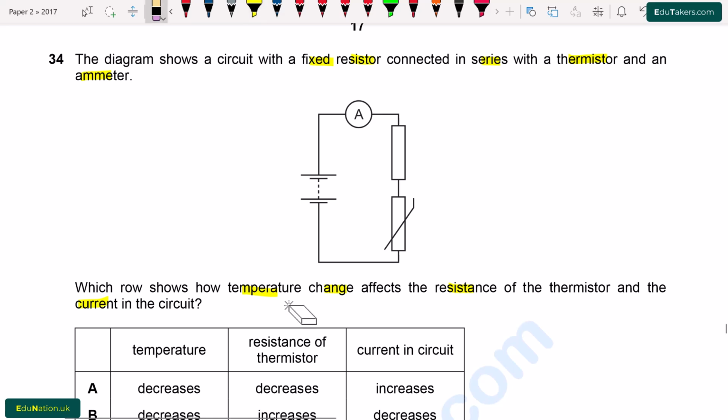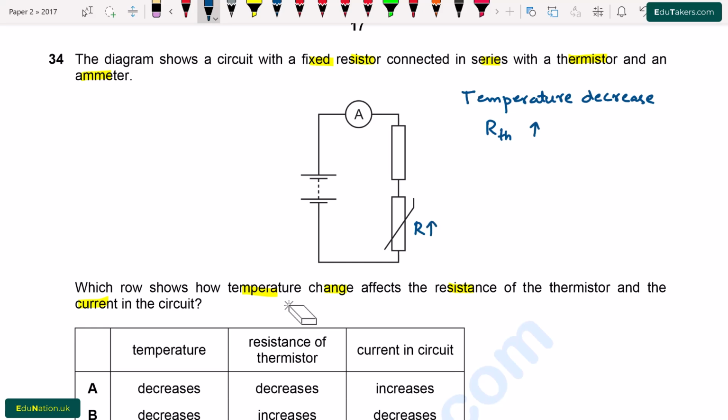I suppose that the temperature decreases. I write here temperature decrease. Then the resistance of the thermistor increases. I write here resistance increase.